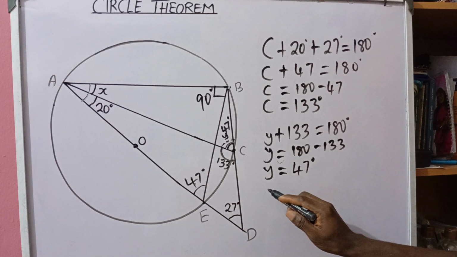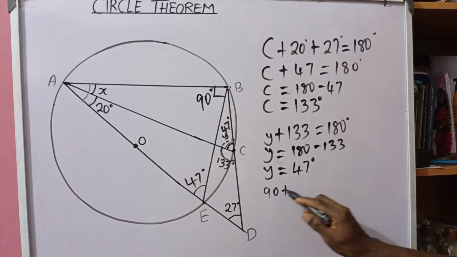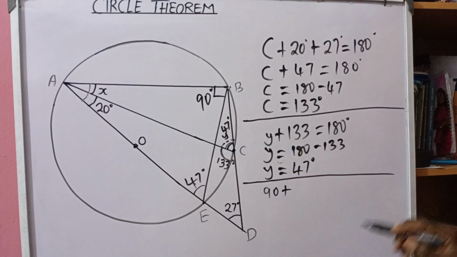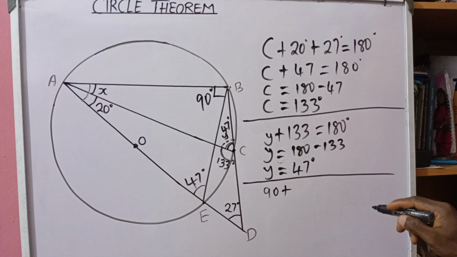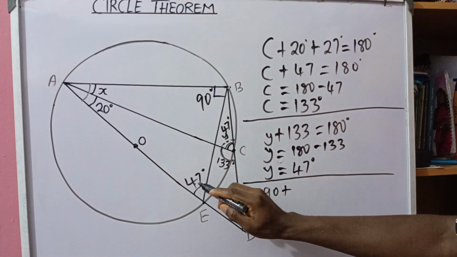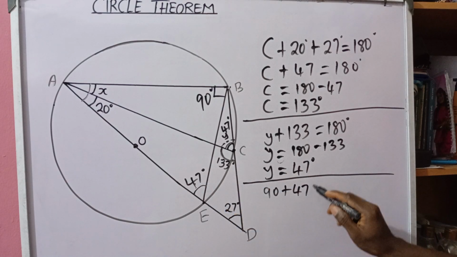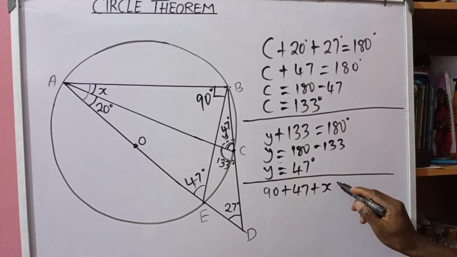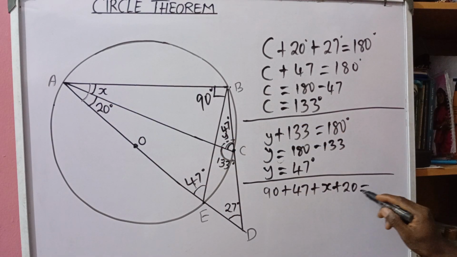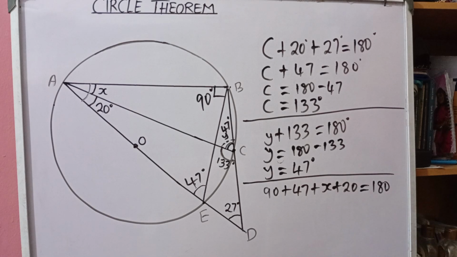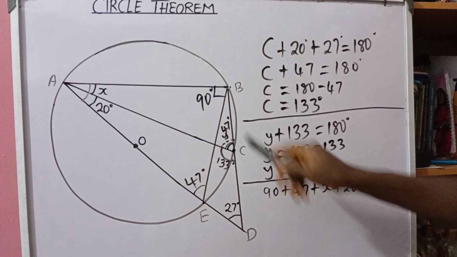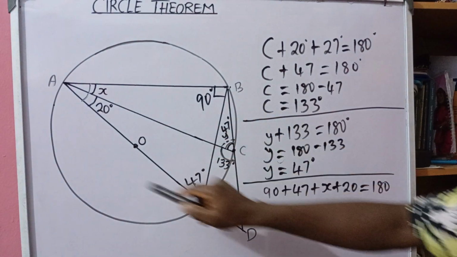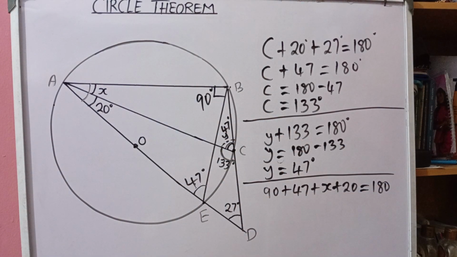So we say 90 plus 47 plus x plus 20 is equal to 180 degrees. That is the sum of the interior angles of a triangle. As you can see, this plus this plus this will give us 180 degrees.